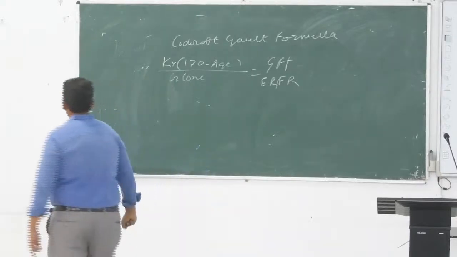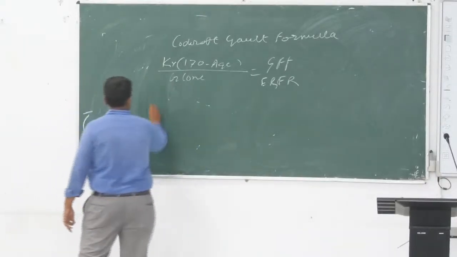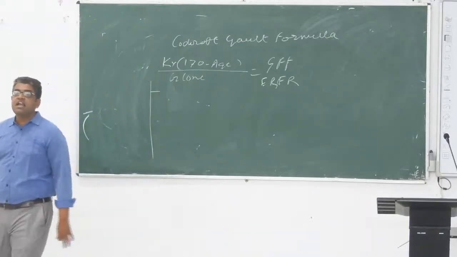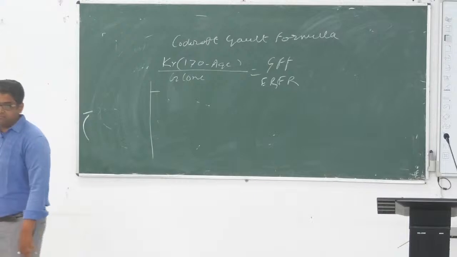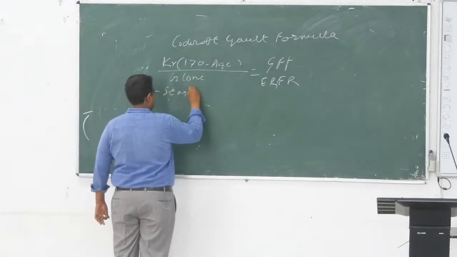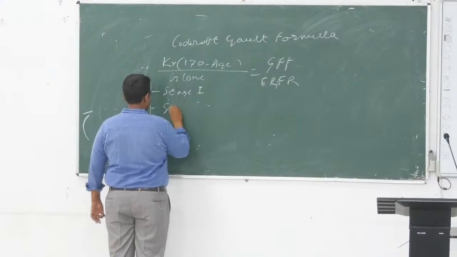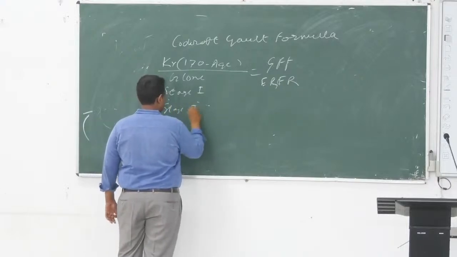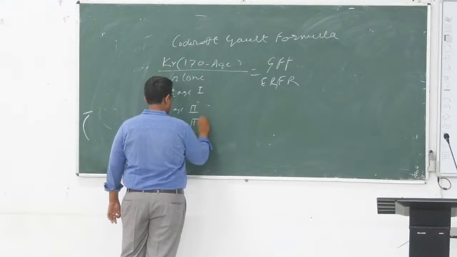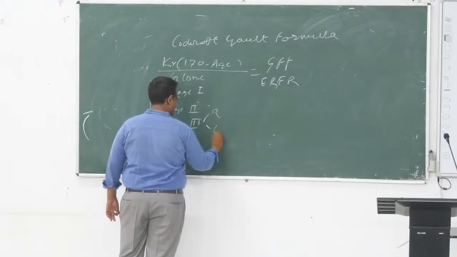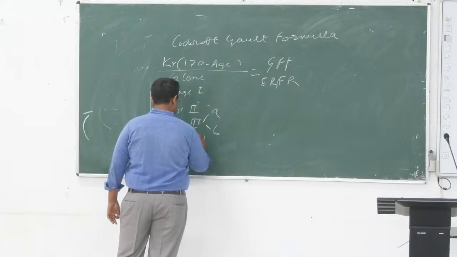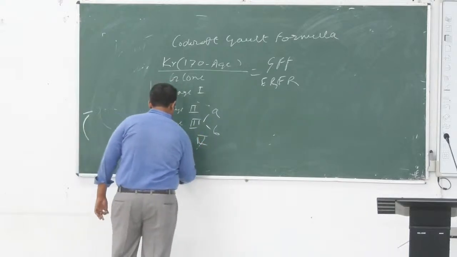And with this formula, we have been able to classify renal disorders into 5 classes: Stage 1, Stage 2, Stage 3A and B, Stage 4, and finally Stage 5.